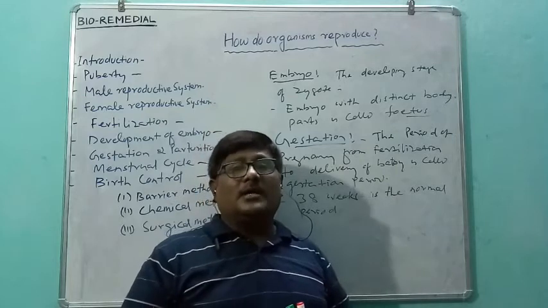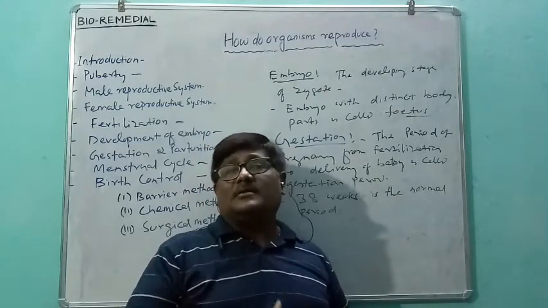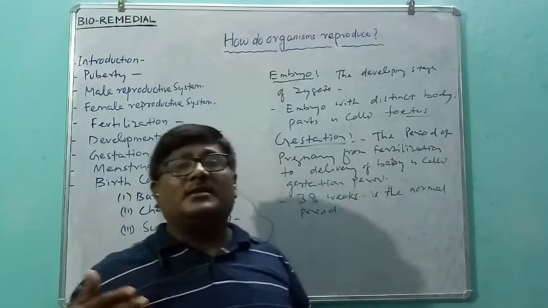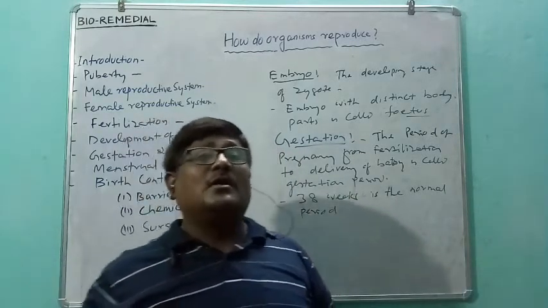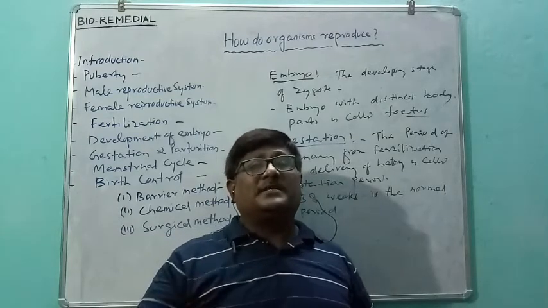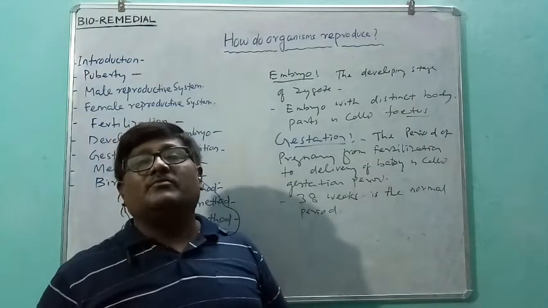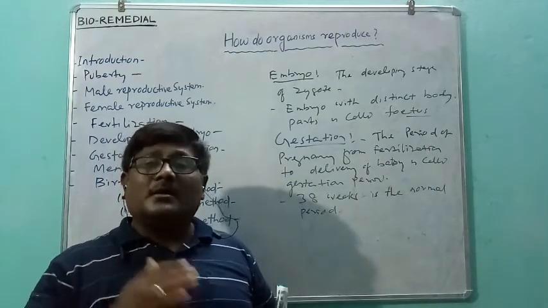The doctor asks for the last menstrual date, and after 38 weeks, the doctor counts the date of delivery. The doctor mentions the expected date of delivery only by counting 38 weeks from the last date of menstruation.